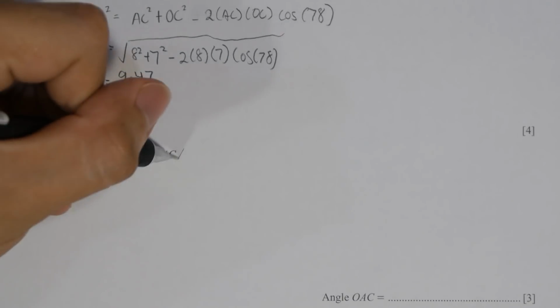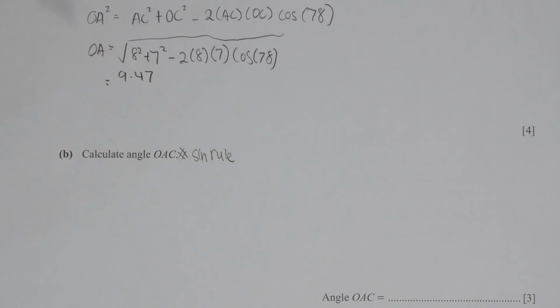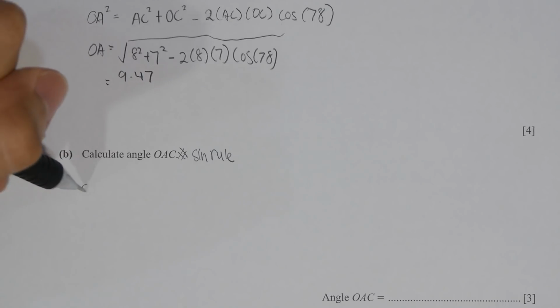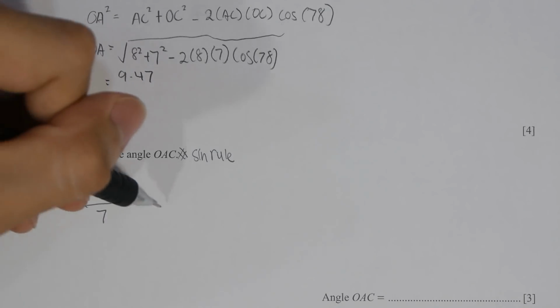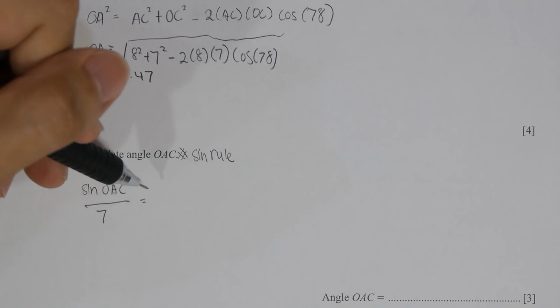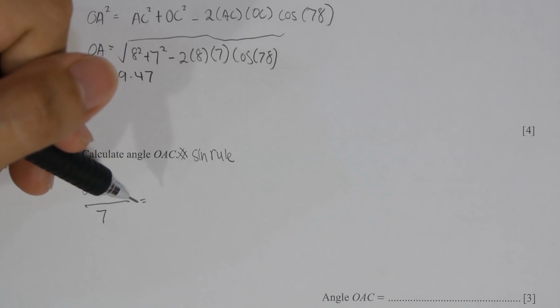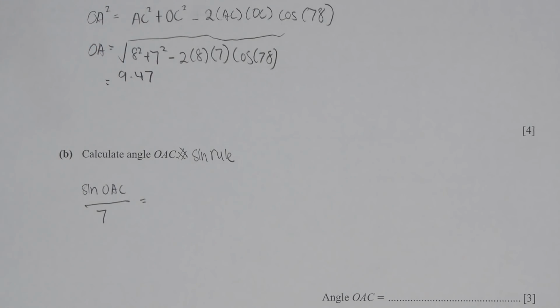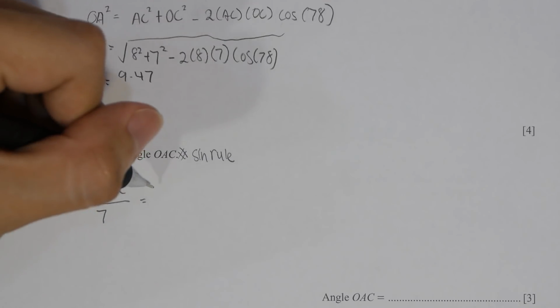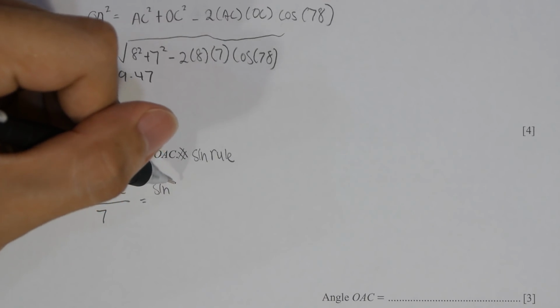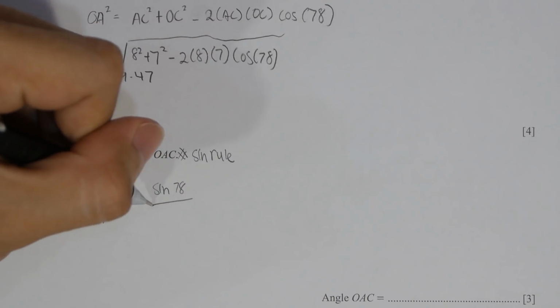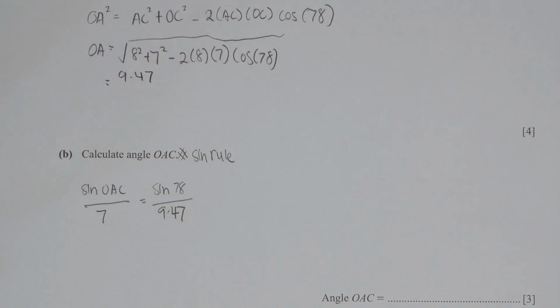For part B, this one is actually a sine rule. So sine OAC over 7 equals sine OCA over 9.47. So sine inverse, then you will get 46.3 as the final angle result.